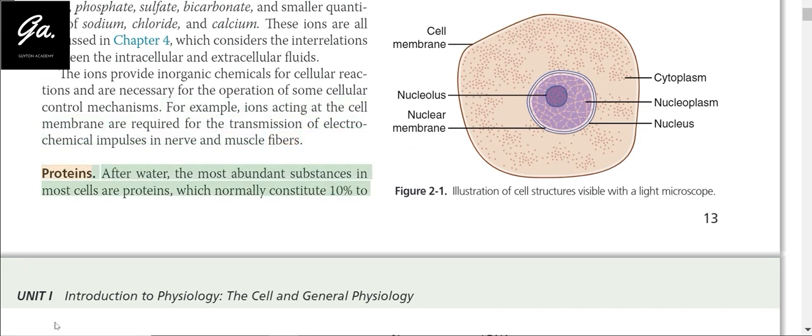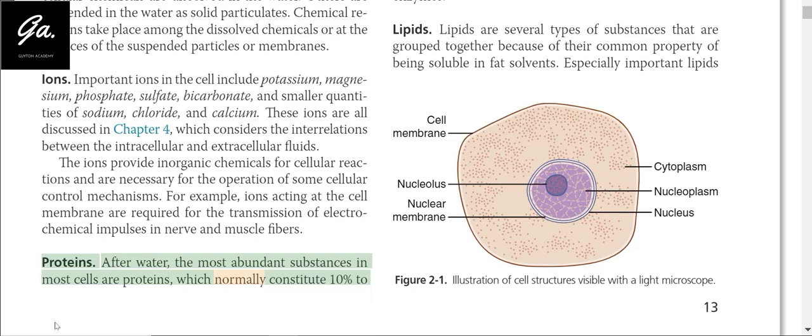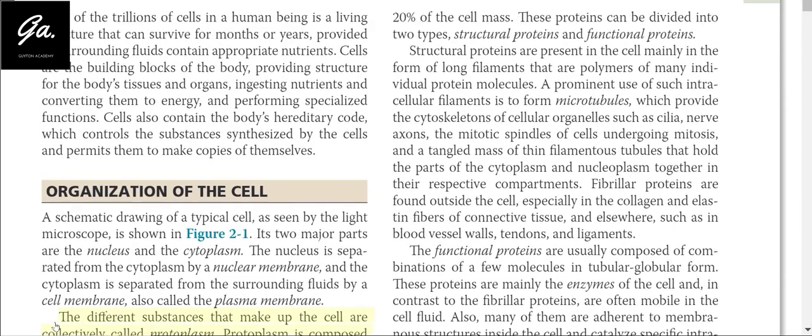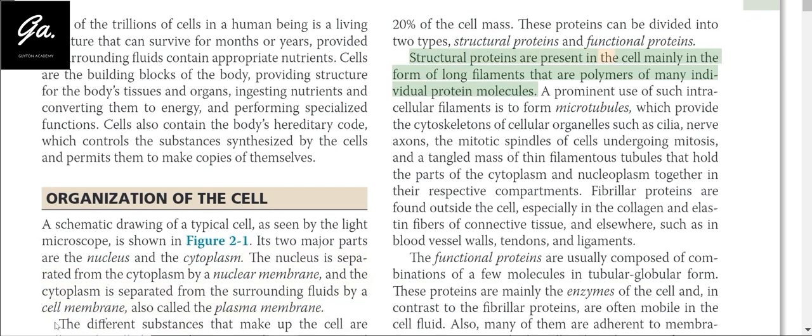Proteins. After water, the most abundant substances in most cells are proteins, which normally constitute 10% to 20% of the cell mass. These proteins can be divided into two types: structural proteins and functional proteins. Structural proteins are present in the cell mainly in the form of long filaments that are polymers of many individual protein molecules.